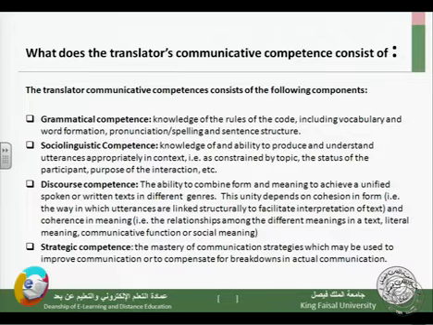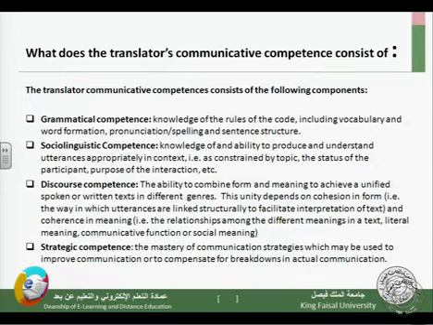Strategic competence is the mastery of communication strategies which may be used to improve communication or to compensate for breakdowns in actual communication.